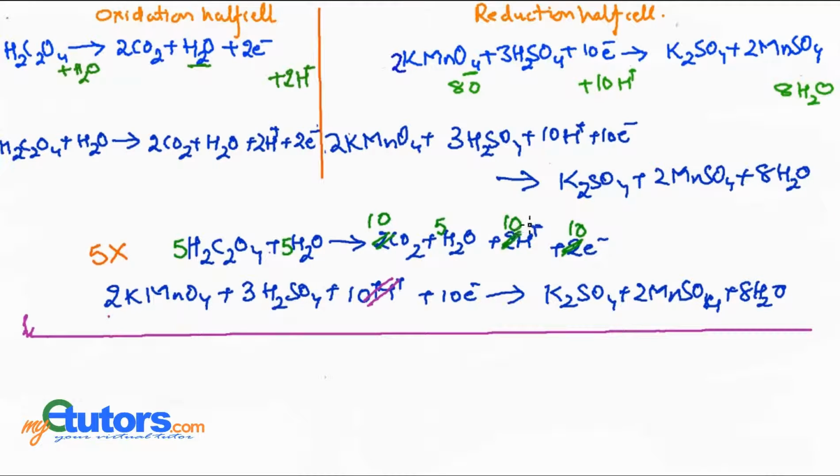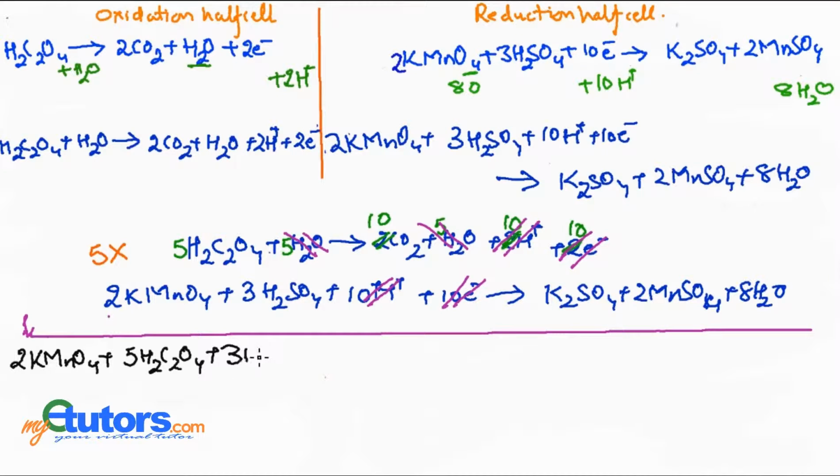In this equation, hydrogen ions and electrons get completely eliminated, while water molecules from the oxidation half cell get eliminated against the water molecules present on the product side of the reduction half cell. So after eliminating the elements or compounds, we add the half cells.